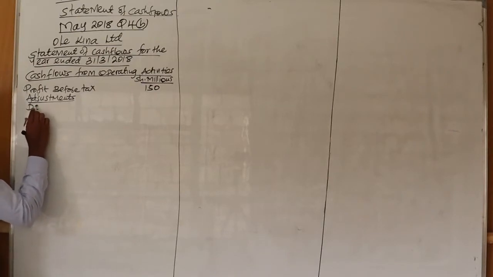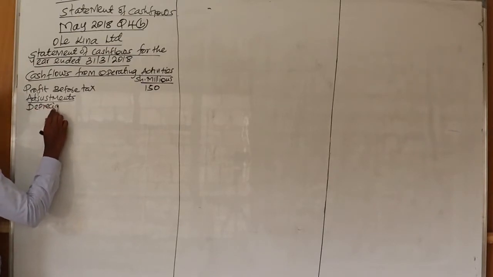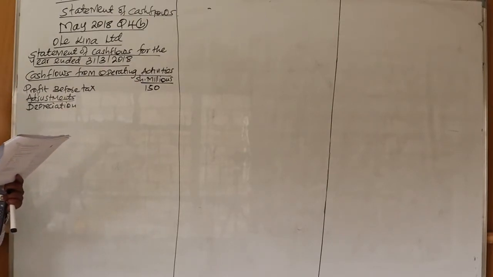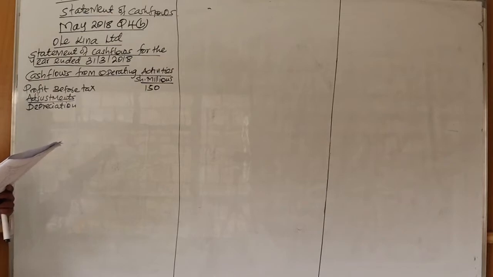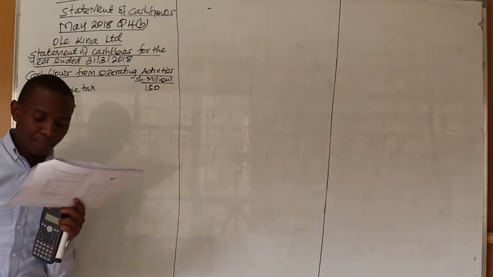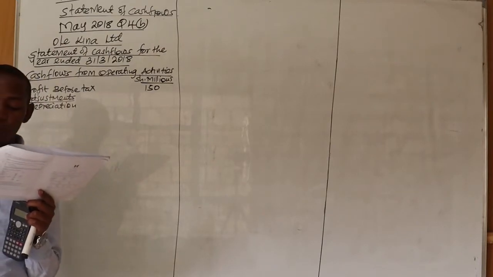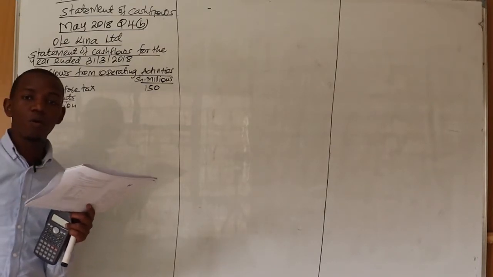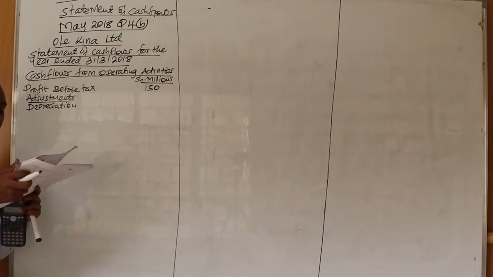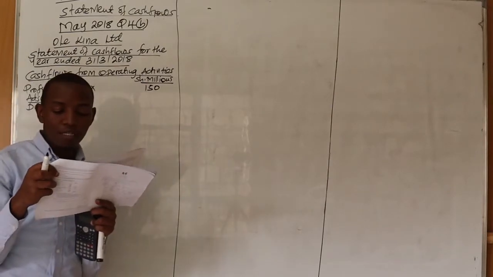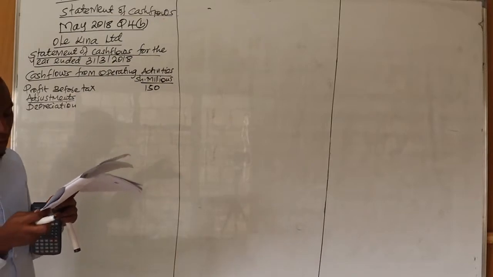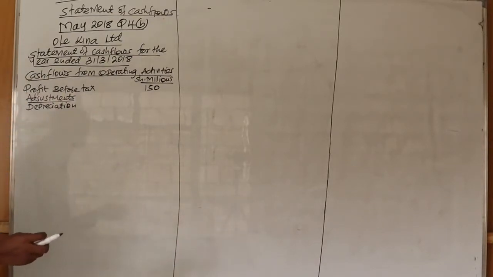Adjustments. This is whereby we have the depreciation. We'll be able to know how you can get the depreciation. The other thing is the profit on disposal. Now, when you take additional information number 1, there was an investment that was sold. So we want to know whether it was sold at a profit or a loss. In the non-current assets, the investment in that case was 12.5. But in additional information number 1, it was sold for 15.